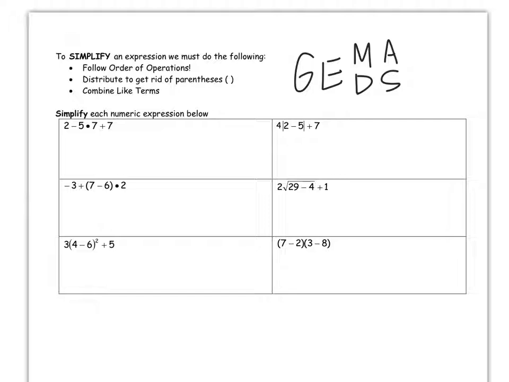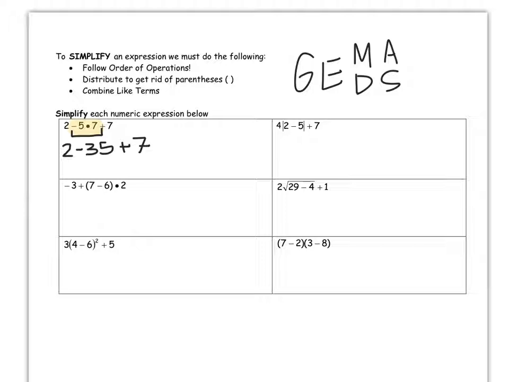In this problem I see a multiplication symbol, this dot, which means I'm going to do these two numbers being multiplied, negative 5 and 7, first. I'm going to keep the 2 exactly the same. It stays out front. Now I do the multiplication: negative 5 times 7 is negative 35. I'll write it there. And lastly, I'll bring down the last number, which is a plus 7 at the end.